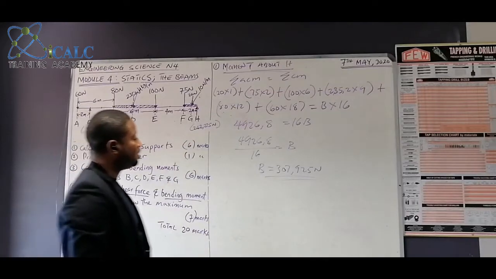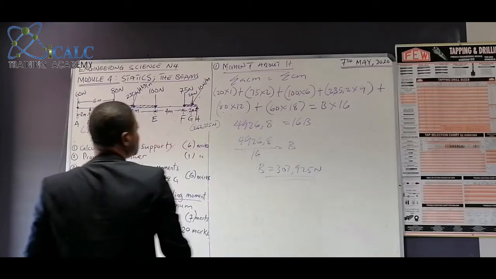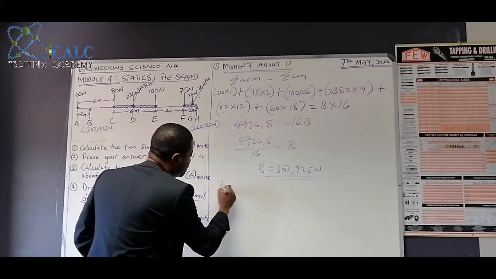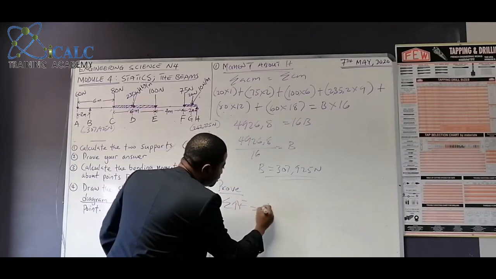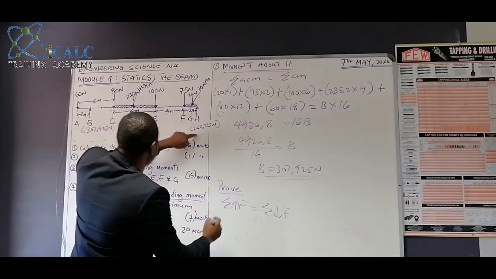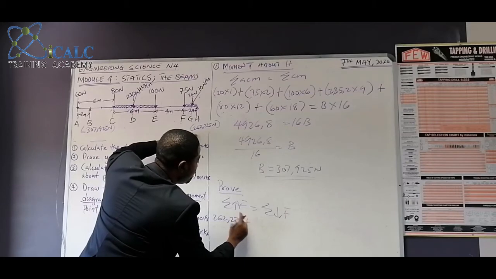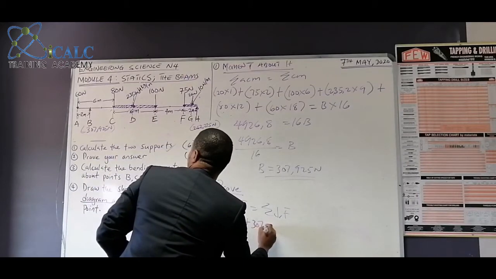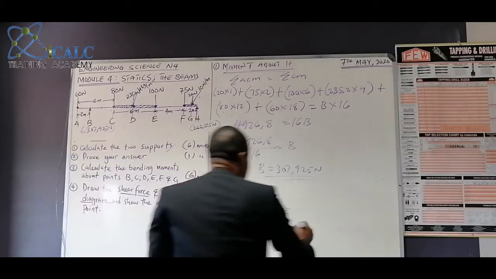So now let's check the second. We've done the first question. The second question, prove your answer. To prove, we say the sum of upward forces equals the sum of downward forces. For our upward forces, we have 262.275 plus 307.925 will be equals to downward forces.